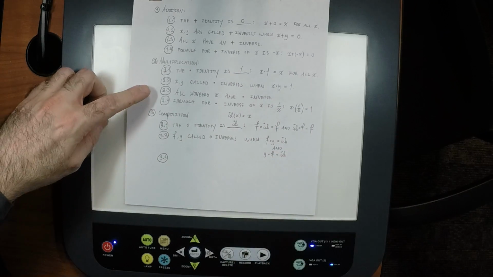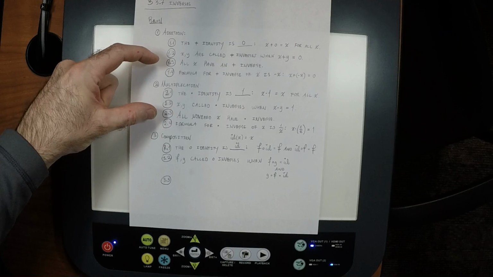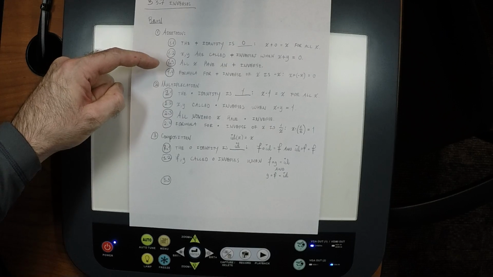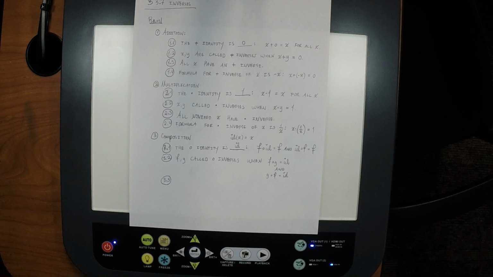So looking up here, for add and multiply, add is saying that everything has an additive inverse. Multiply is saying that almost all the things have a multiplicative inverse, all the things except 0. And now the question is, do all functions have a compositional inverse?